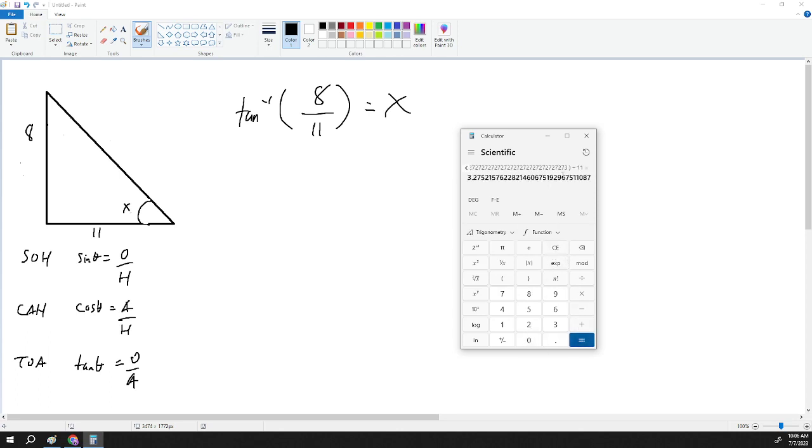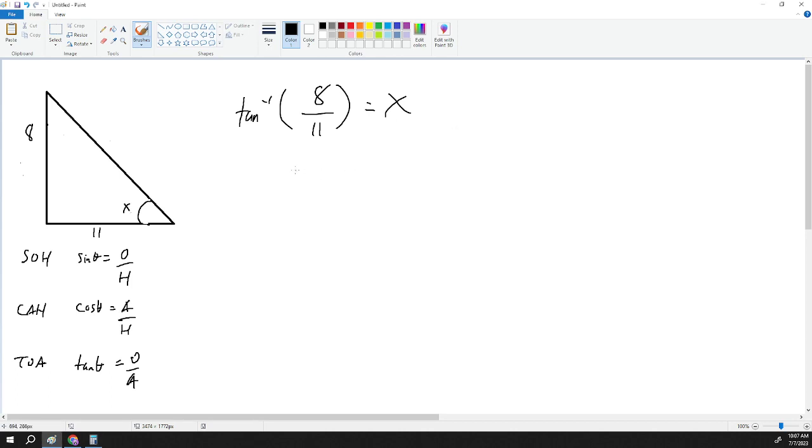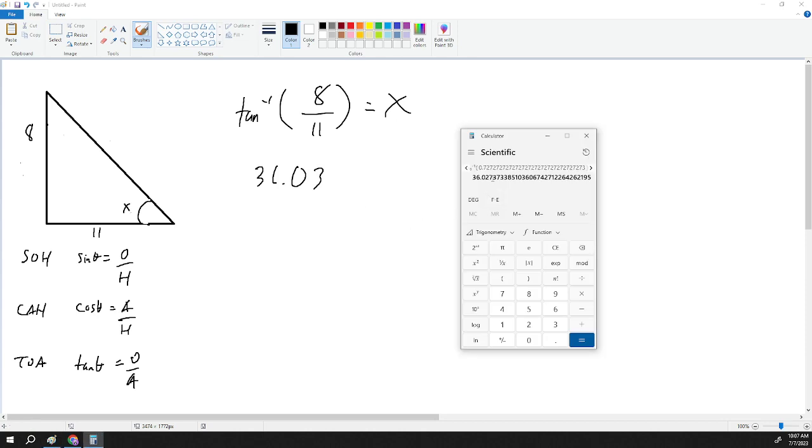8 over 11, and then the inverse of tan. We have 36.02 or 36.03 because we have to round it up. Right?